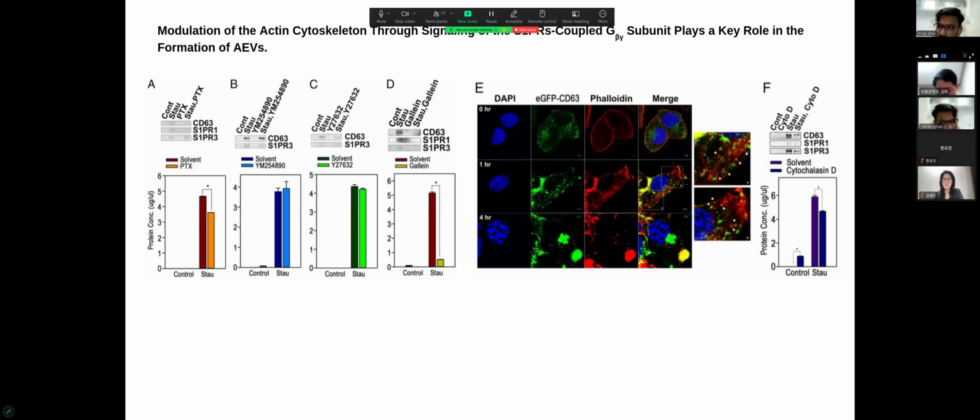Very interestingly, inhibition of G alpha subunits shows no effect, but gallein, the inhibitor of G beta gamma, almost completely blocks exosome biogenesis. That's why. And then next, Imran.